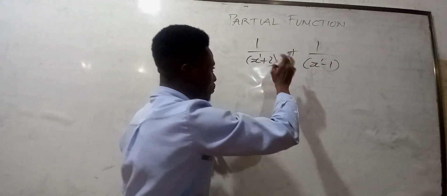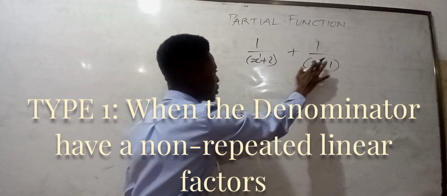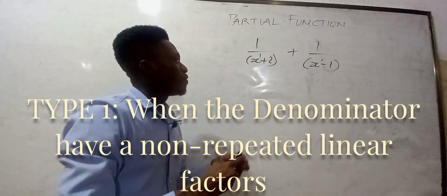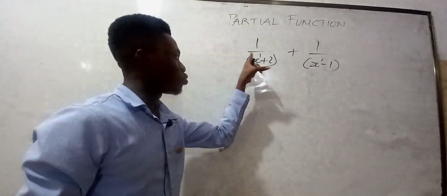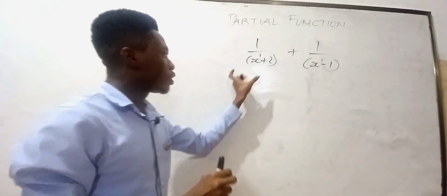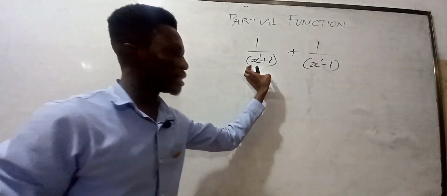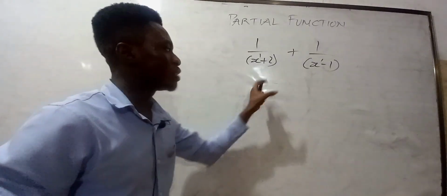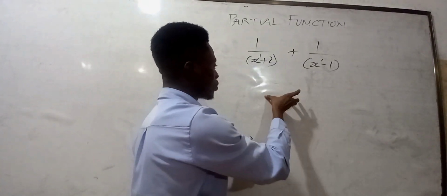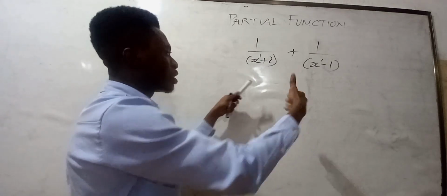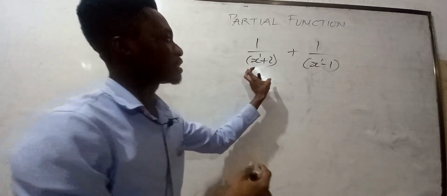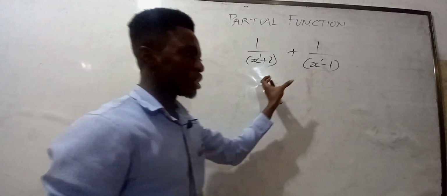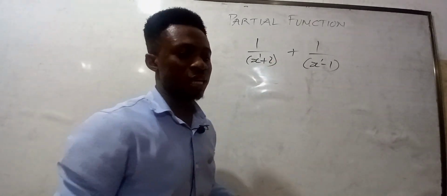The highest exponent of the variable is 1. When the highest exponent of an expression is 1, it is linear. And because they are denominators, they are the factors of the LCM. So this is a typical example of a question that has a linear factor.